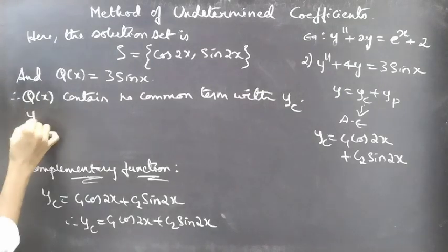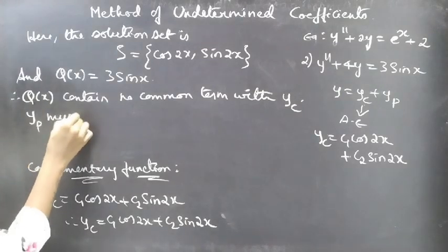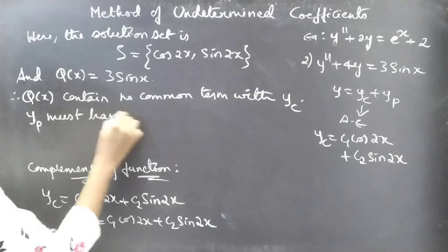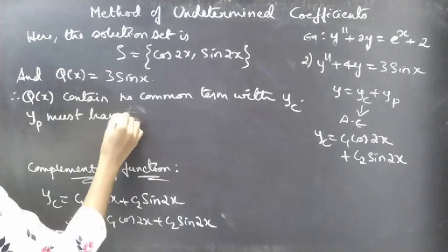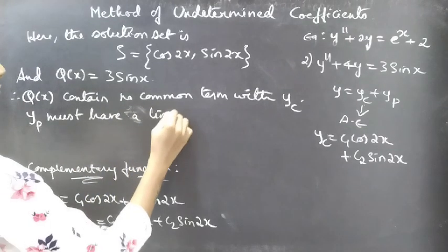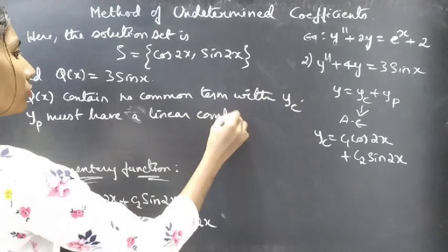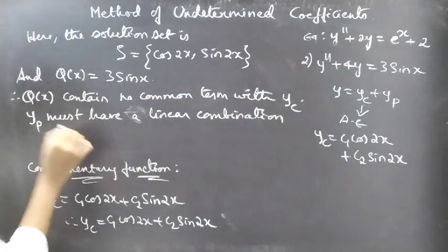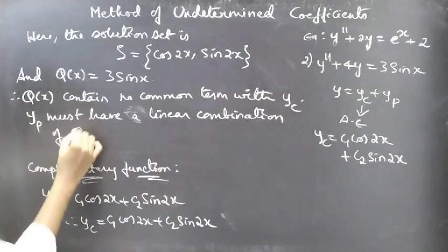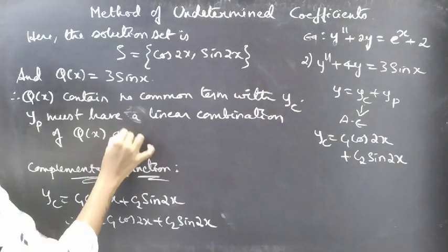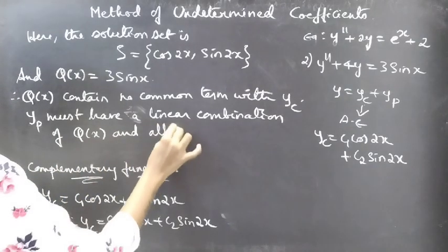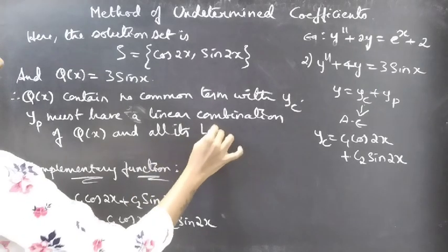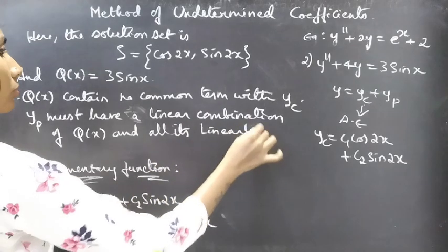So yp must have a linear combination of q of x and all its linearly independent derivatives.